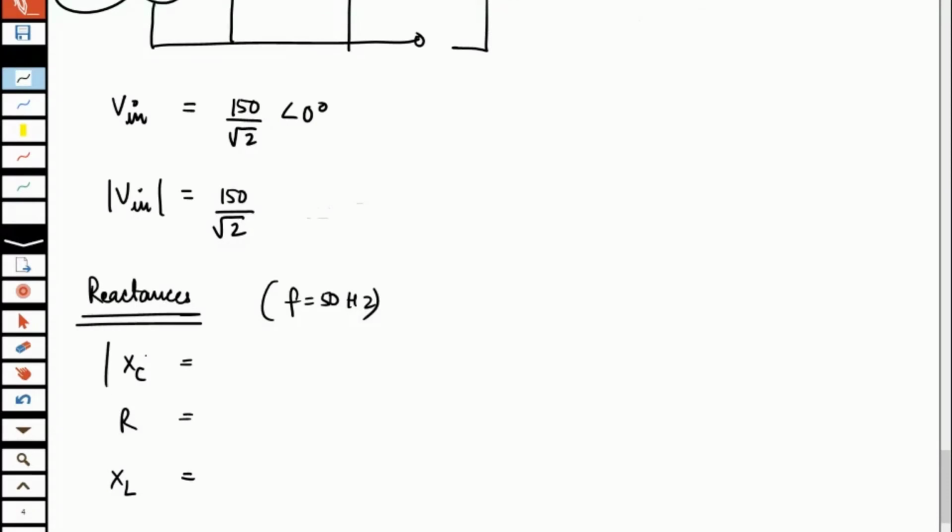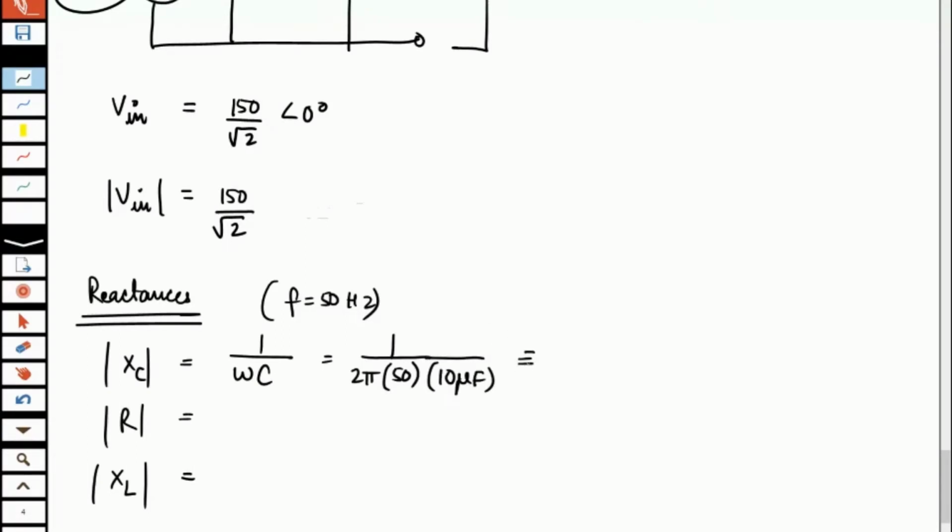XC, right now I'm not interested in the phase values, just the mod point of view. XC would be 1 upon omega C, that means 1 upon 2 pi f C. What will be this value? Something. R is R only, this is 290 ohm.